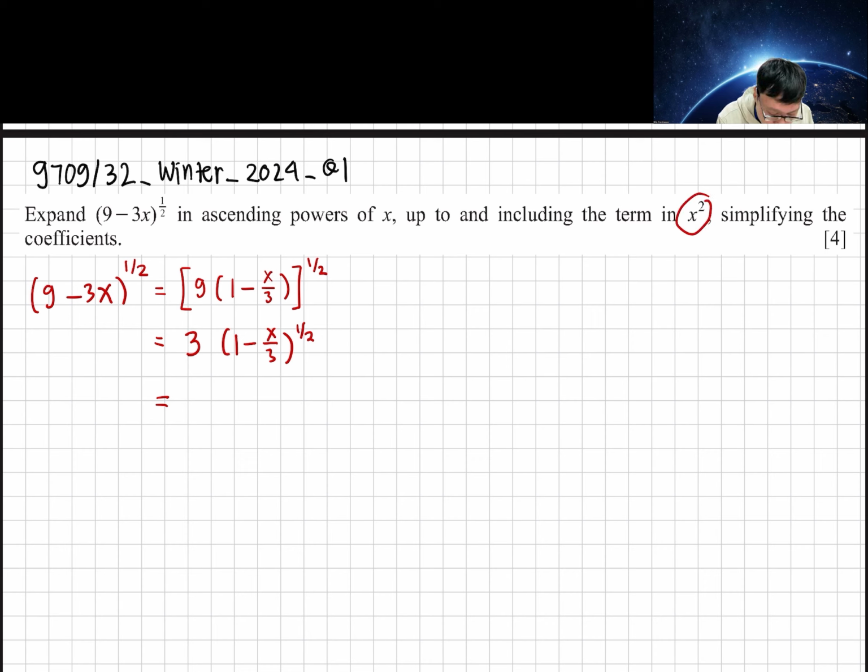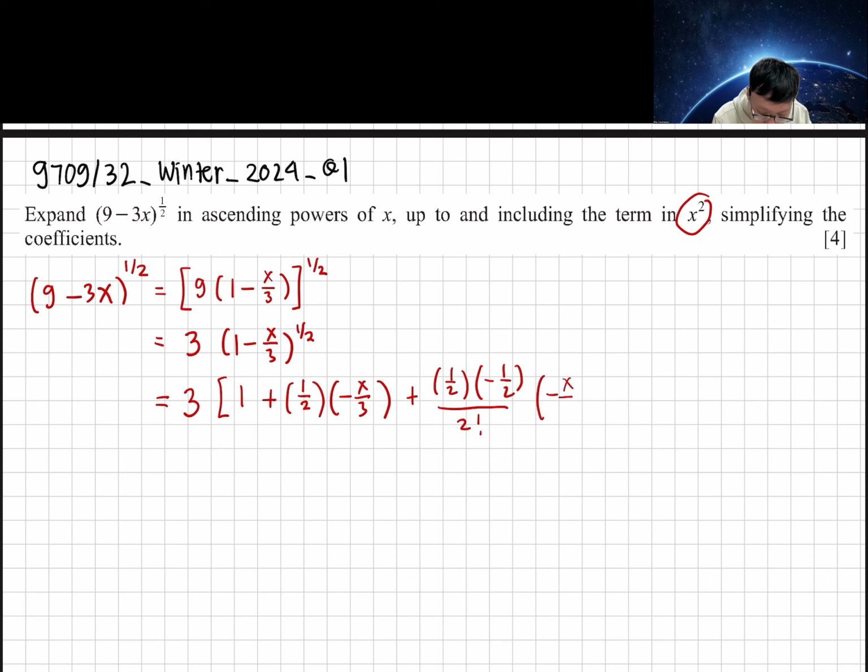So that gives you 3 times the expansion starting from 1 plus nx. n is half. x in this case is minus x over 3. So minus x over 3, plus the power is half and then decrease by 1, minus half, over 2 factorial, and then (minus x over 3) squared. And then we stop there because we only need the term until x squared.